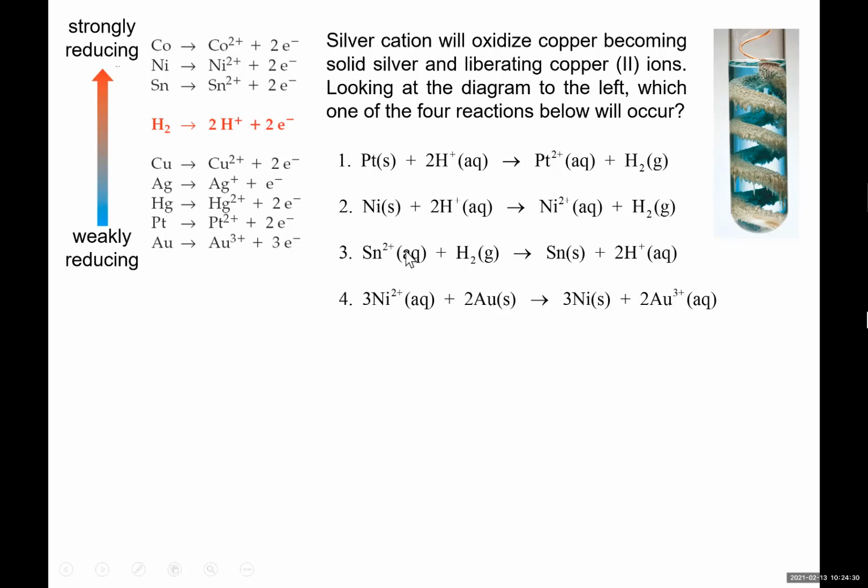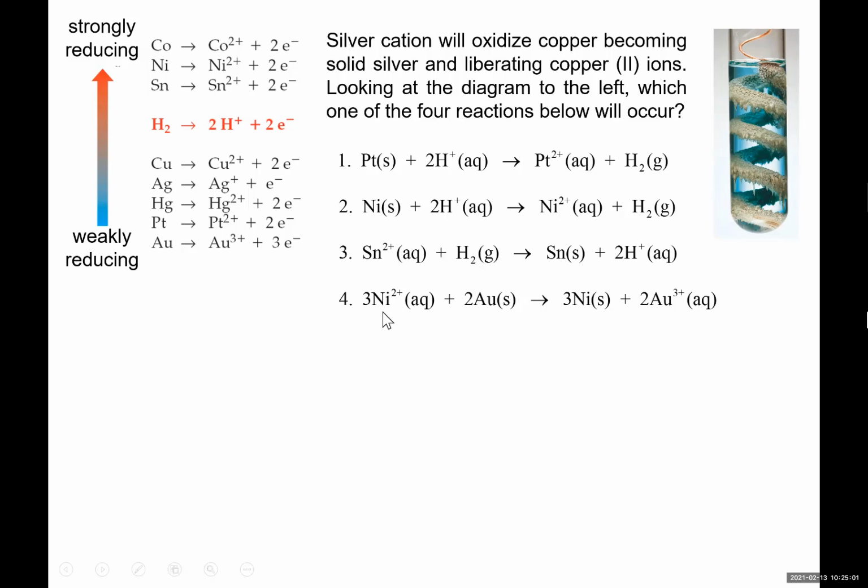Number two. Number three, what is the element on the left-hand side? Hydrogen. What is the element on the right-hand side? Sn. Is hydrogen at higher activity relative to Sn or not? So this is Sn. This is hydrogen. Hydrogen is at lower activity relative to Sn. So hydrogen is not able to give electron to Sn plus 2 to make Sn. So this reaction is not going to happen.